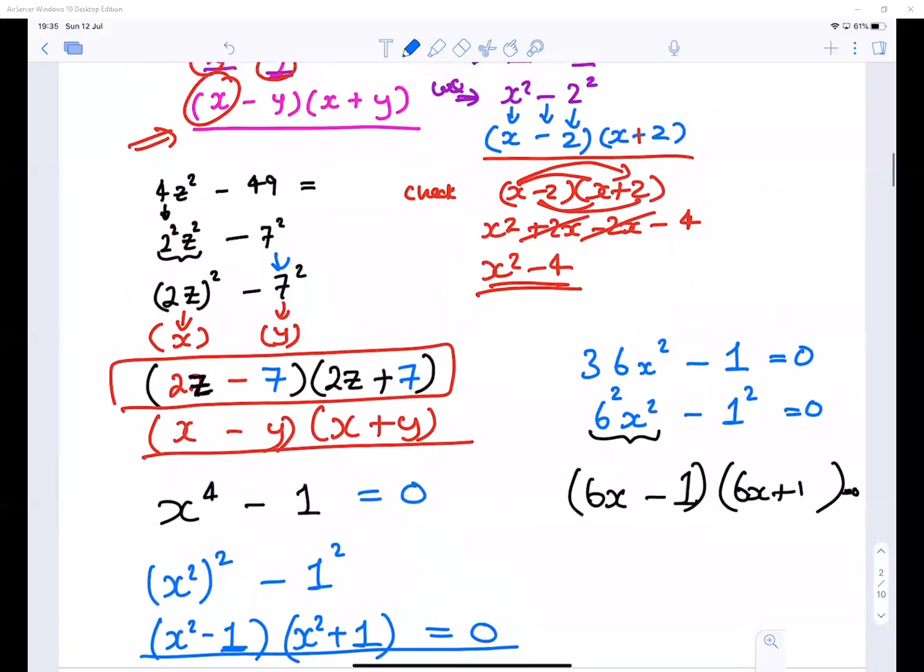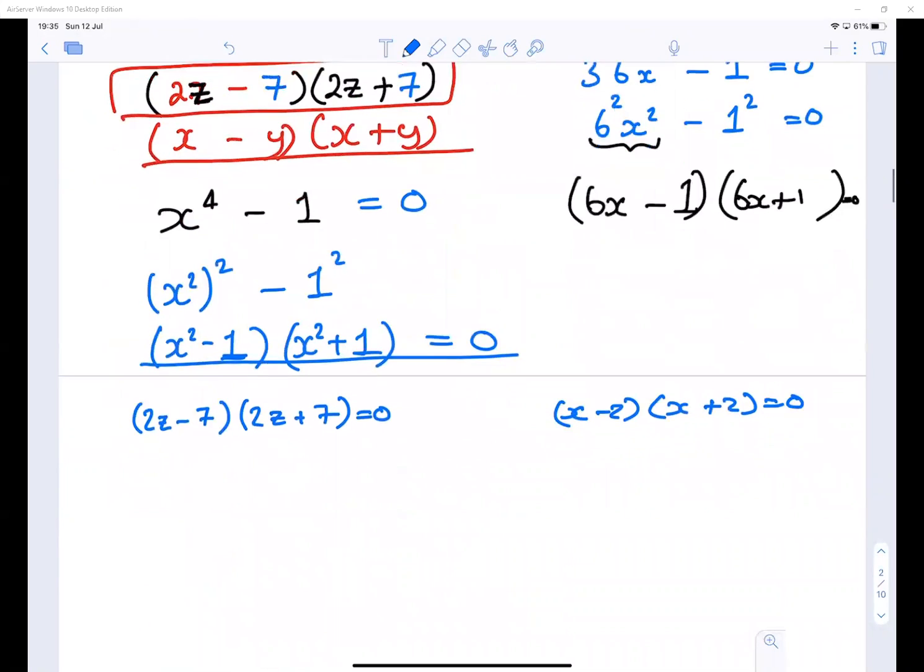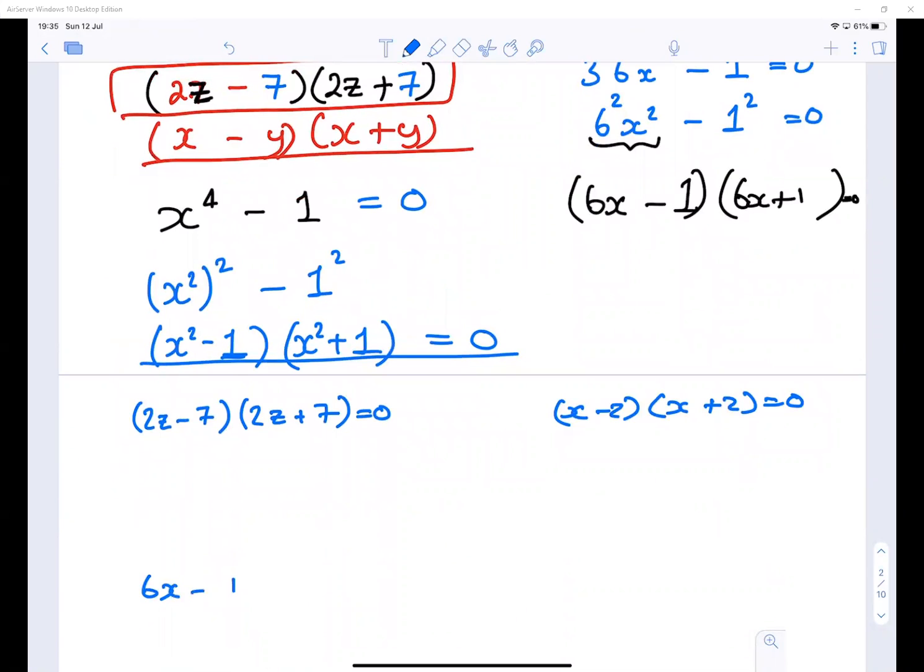We had x minus 2 and x plus 2 equals 0. Okay, and we have 6x minus 1. I'm just going back to the questions we've just done. So I'm trying to think about how we do the next bit now.